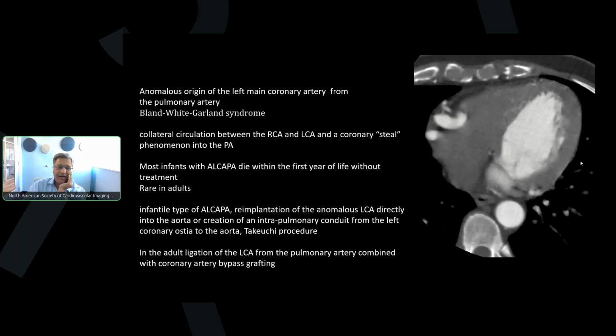Rarely we see that in adults, but once we see them in adults, I think we've got to think about whether there could be any perfusion anomalies or any decreased contrast enhancement of any segment of the left ventricle myocardium. And that could be a clue on a non-gated CT to suggest that this patient could be at increased risk for myocardial ischemia from that. And that's what is happening over here.